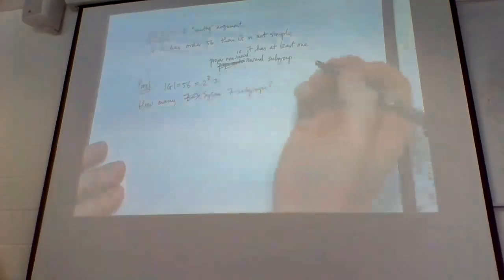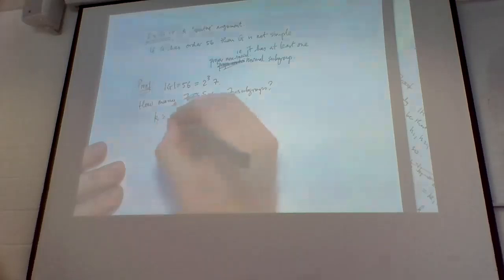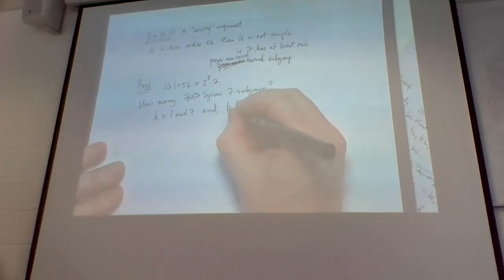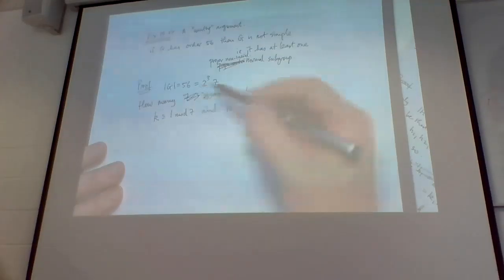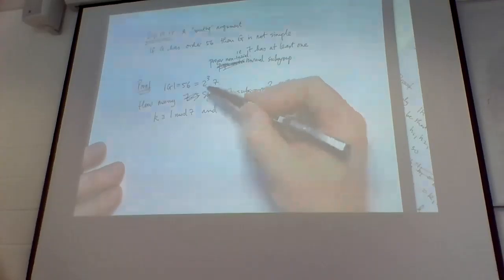Let's say this number is k. So this number k has to be congruent to 1 modulo 7, and k has to divide the size of G, so it divides 56. But really, because it's congruent to 1 mod 7, it's coprime to 7, so it must divide 8.